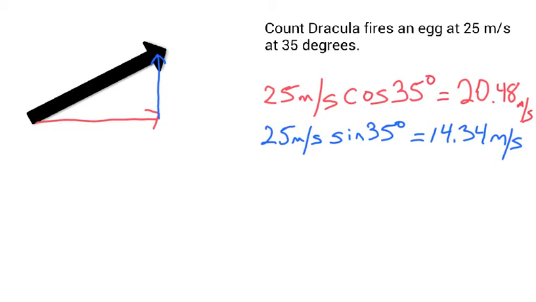So now what do we do with this data? We break it into x and y components. Now we make an x and y chart. Our x values and our y values.